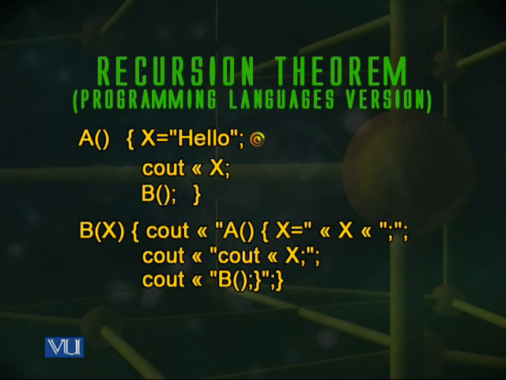This program will first print B and then print A. But that's the program itself. That's exactly the program itself. And so I will obtain a program that when I run, prints itself. Notice that this program does not read anything from the disk or does not take any input. So here we have an example of a program that prints itself.